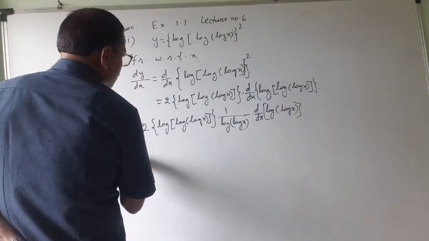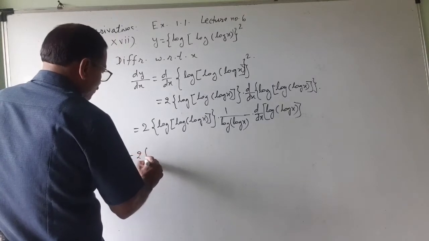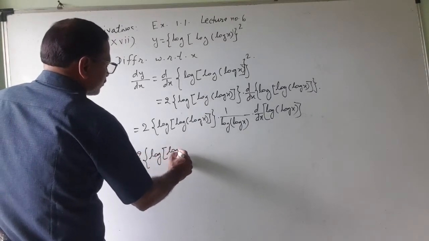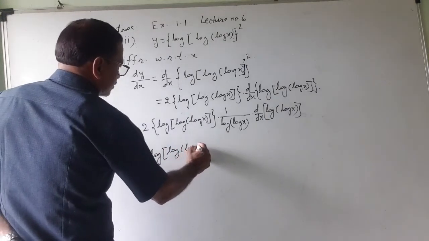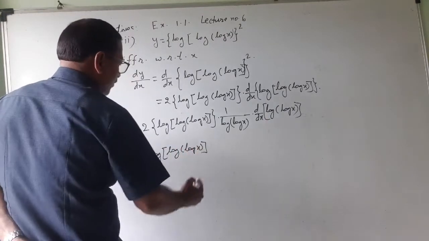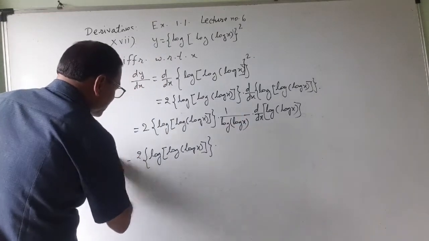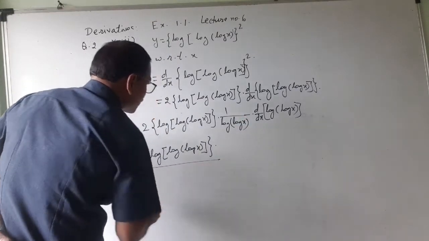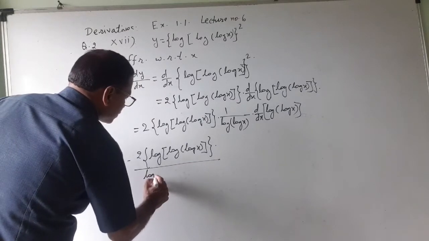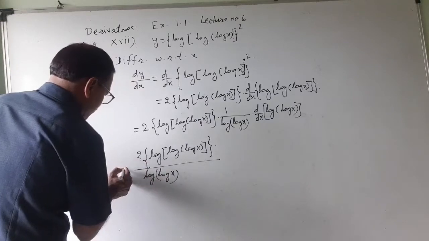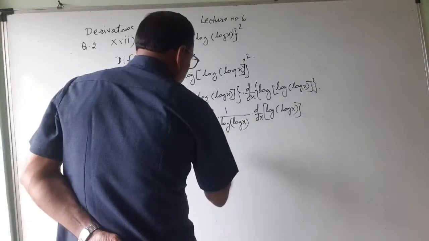That is equal to 2 log of log x into 1 upon log of log x, into.